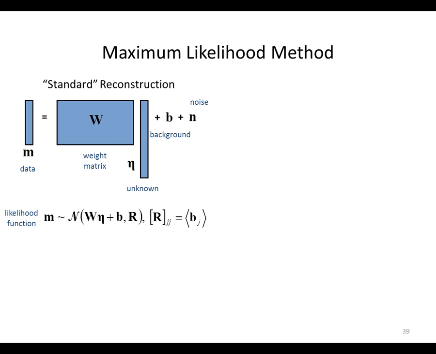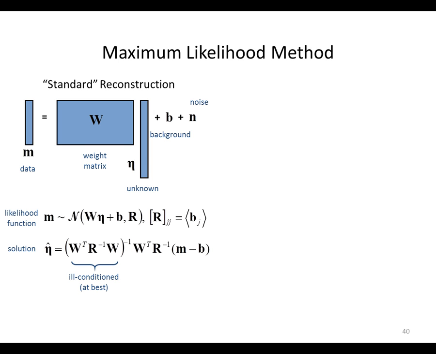So this is my likelihood function. It's basically the probabilistic data model that we have. I'm assuming that I have enough counts so that the Poisson can be approximated with a Gaussian distribution. So I have a Gaussian distribution with this mean and this covariance matrix, which I can estimate from my known background.